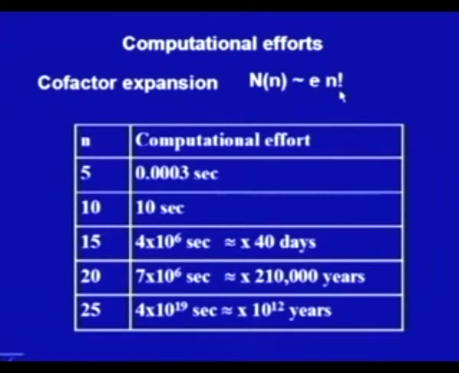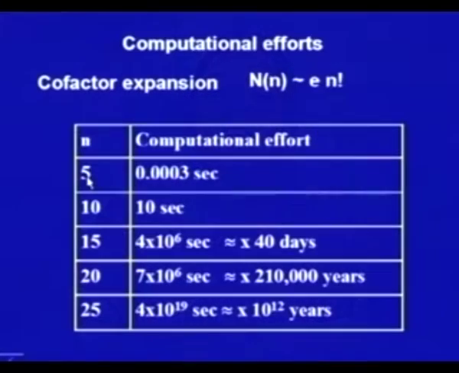This factorial n is coming because for a determinant there are factorial n type of products possible. They have to be multiplied, they have to be added and subtracted. So, the computational effort employed will be of the order of factorial n.